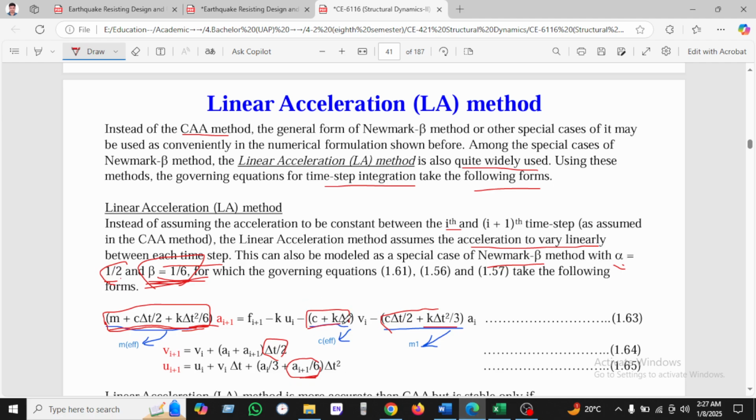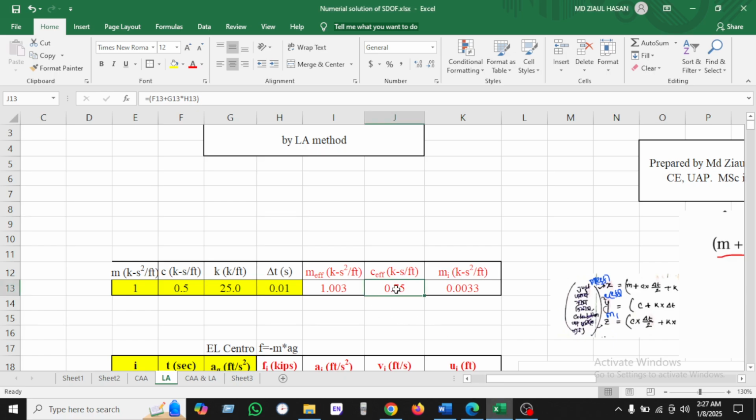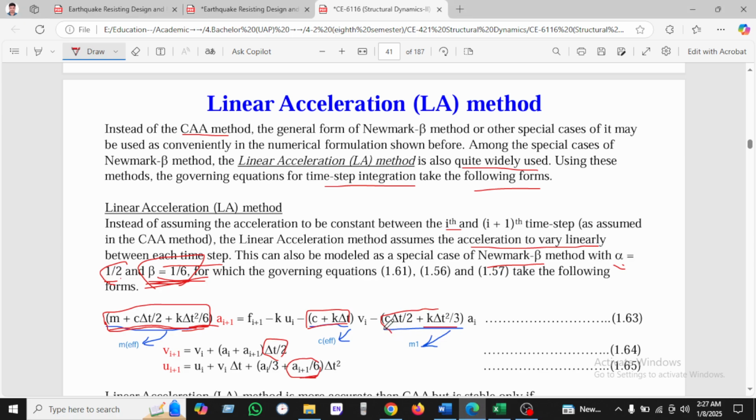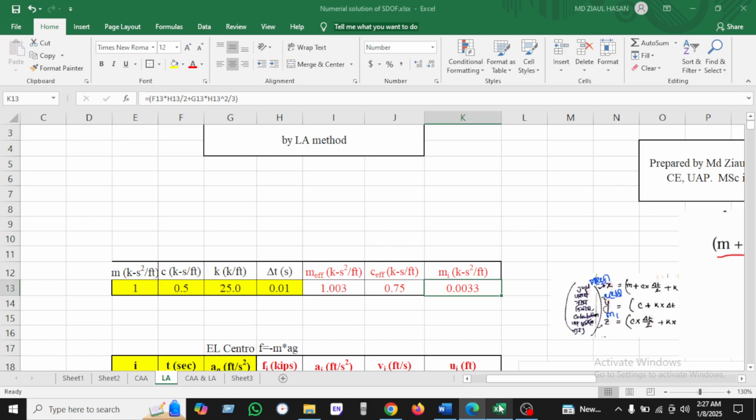C effective remains the same as previous, c plus k times delta t, and calculating this value, found 0.75. I will get m1, m effective, c plus delta t divided by 2 plus k delta t square divided by 2. In this way we will find the m1.